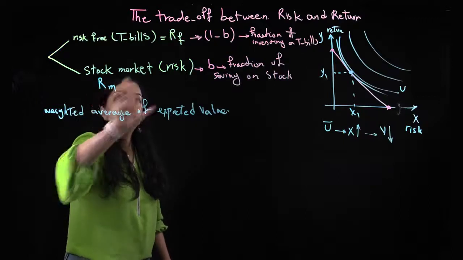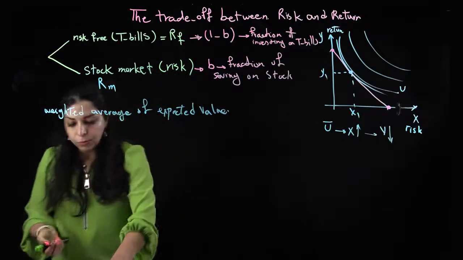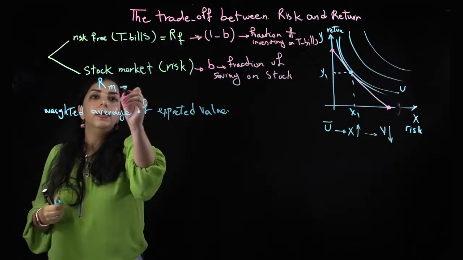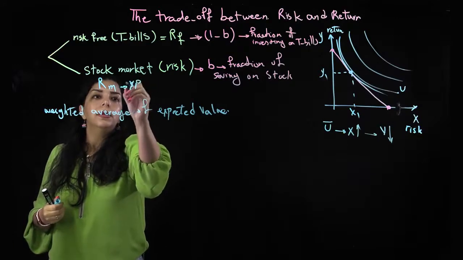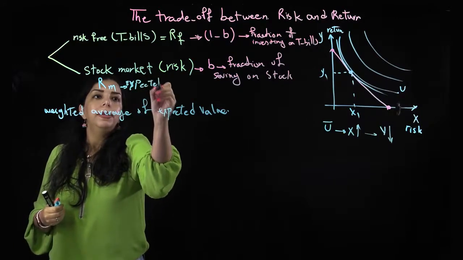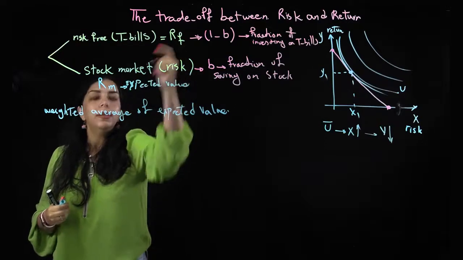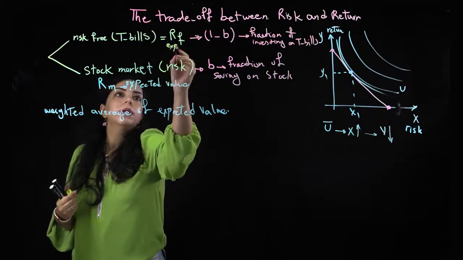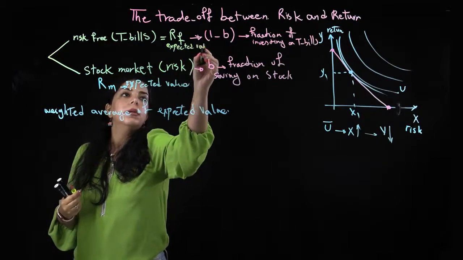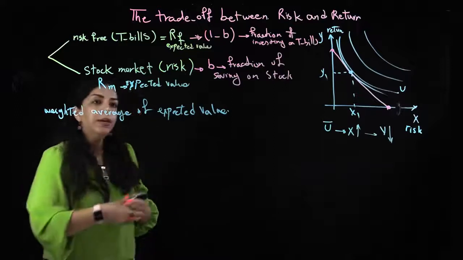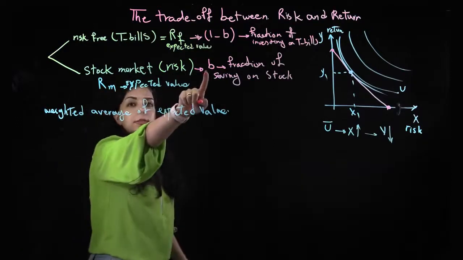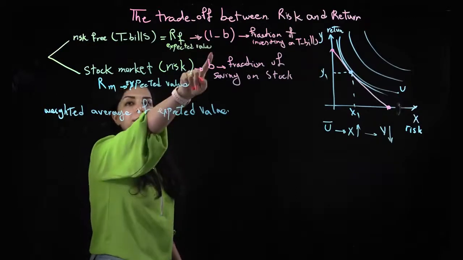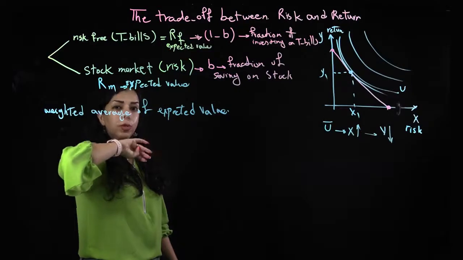Since we have defined them as expected values, do remember that here is expected value, and here is also expected value. So why do we say weighted average? Because some fraction of our saving is going to the stock market, and some fraction of the saving is going to T-bills.